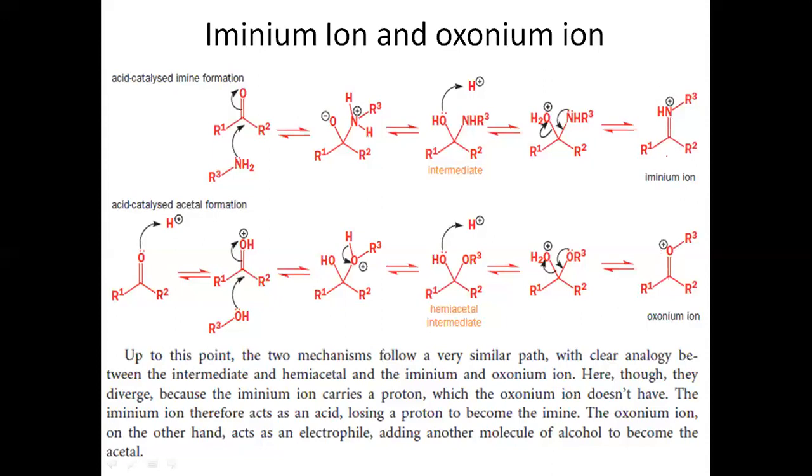So once the iminium ion and the oxonium ion are formed, the difference in the reaction is because of the difference in the structure of these two ions. One behaves as an acid and the other behaves as an electrophile.